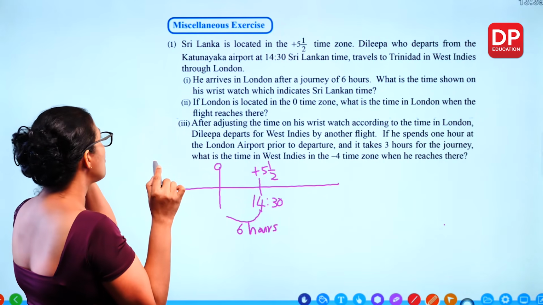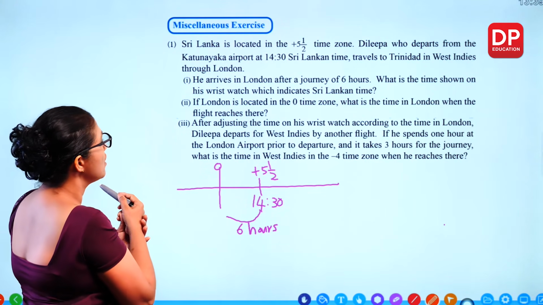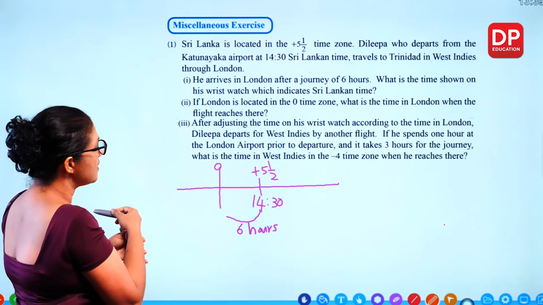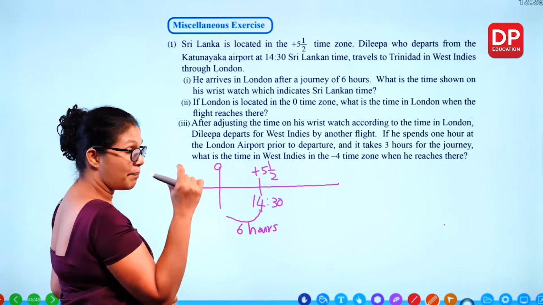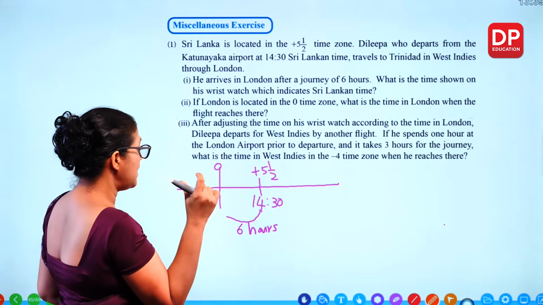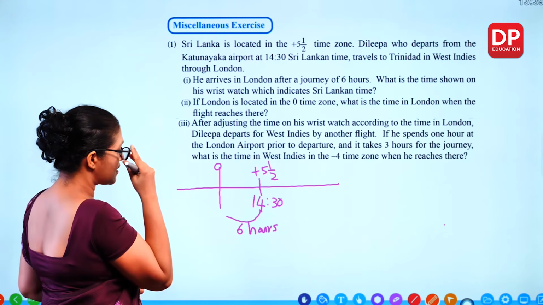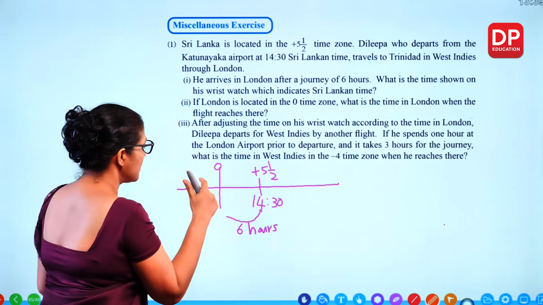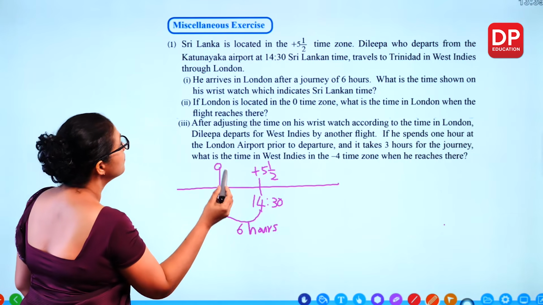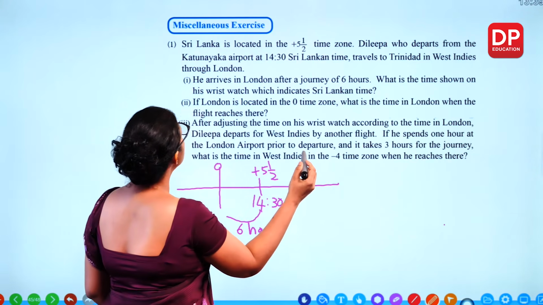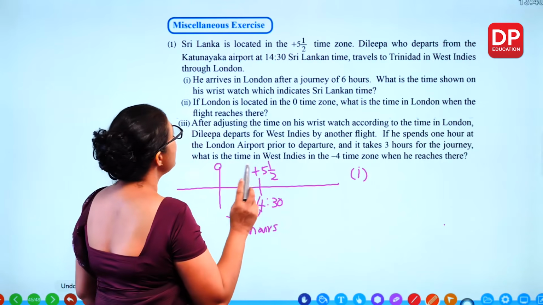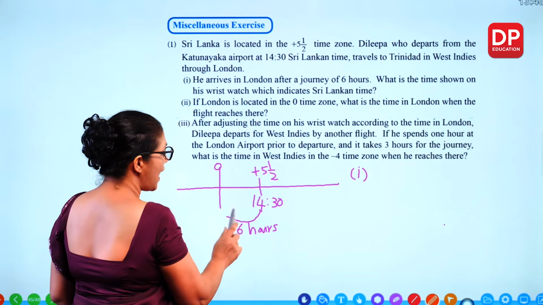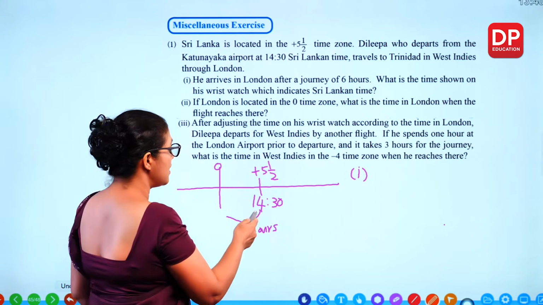What is the time shown on his wristwatch, which indicates Sri Lankan time? So Sri Lankan time earlier, the departing time is 14:30. So that's the first part. So we need to add. The flight time is 6 hours.